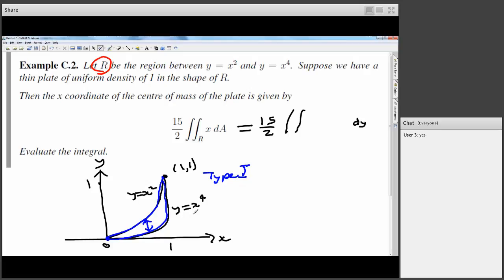The bottom function in my picture is x to the 4, and the biggest function is x squared. Then the x values range from 0 up to 1, so they become the limits for x as the outside ones.